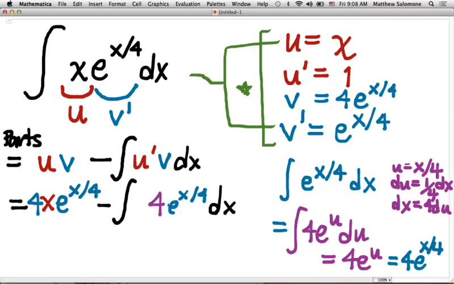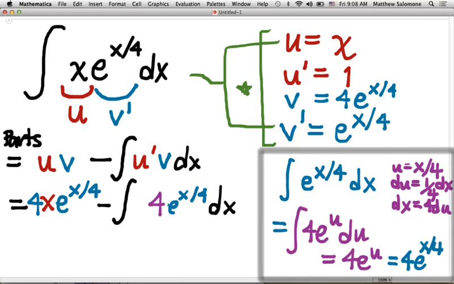And so to finish this problem, now what do we have to do? Integrate one more time. Luckily for us, though, we've done the majority of this integral already, because we know, based on what we have down here, what the antiderivative of e to the x over 4 is.